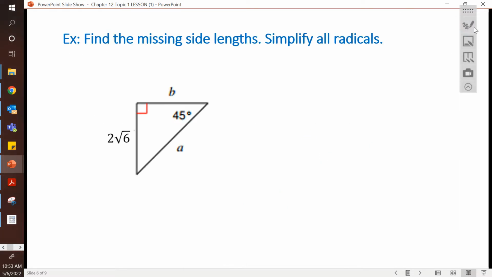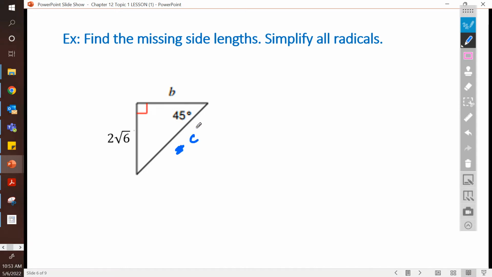We have another example here. I'm going to change these. This one can be B, but I'm calling the hypotenuse C. That's just normal. Okay, so it's a 45, 45, 90. I know that both legs are the same length, so they're both 2 times the square root of 6. And I know that the hypotenuse C is equal to the leg length multiplied by the square root of 2.